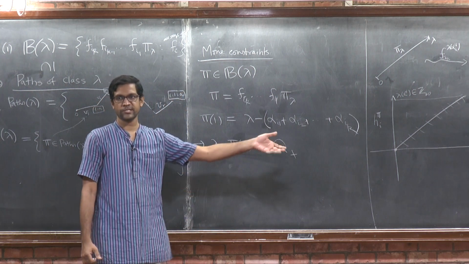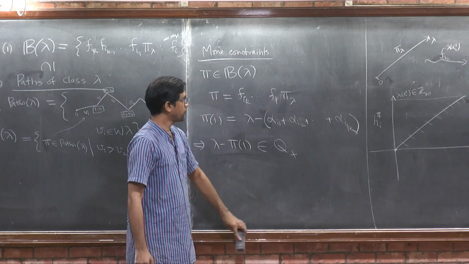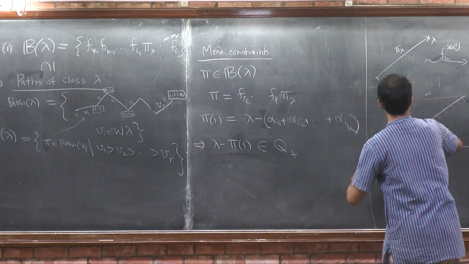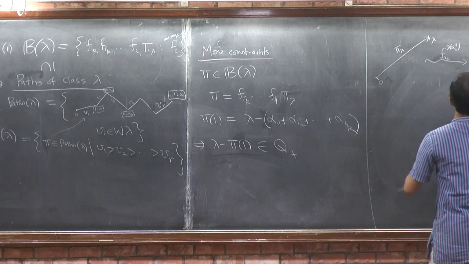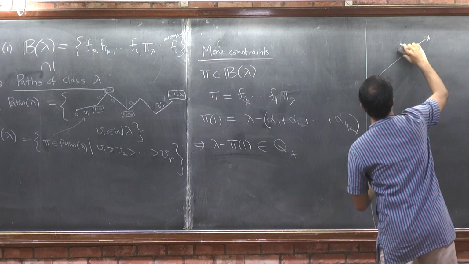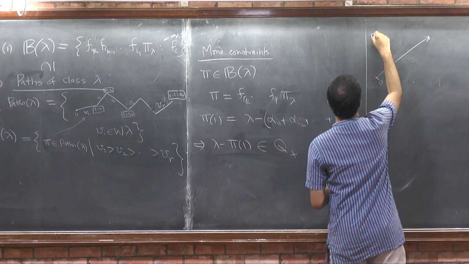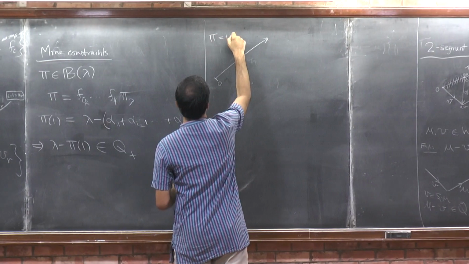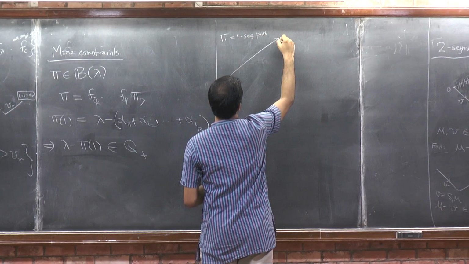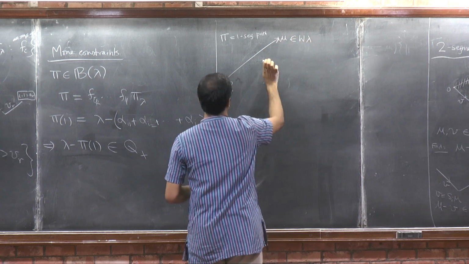Let's apply it to the one segment and two segment paths that we have considered, at least for now. If your path is just a one segment path, let's say pi is a one segment path, which means it ends at some Weyl conjugate mu equals w lambda.